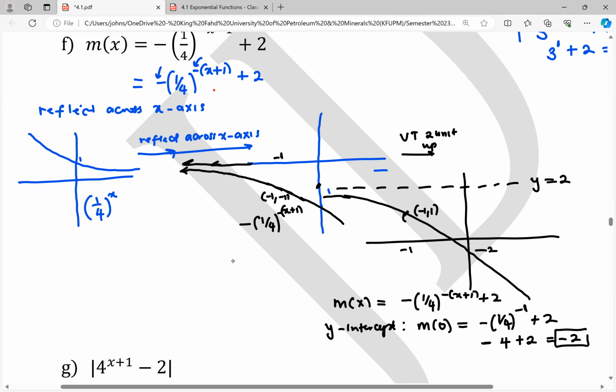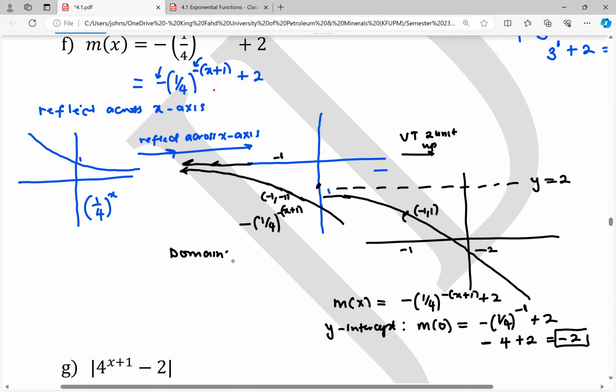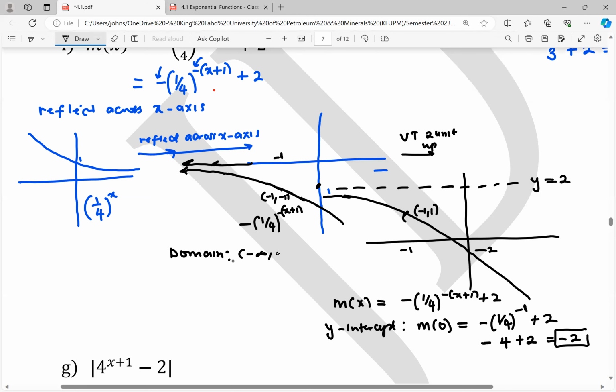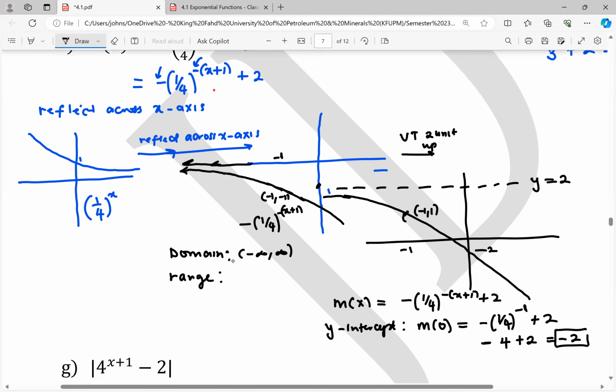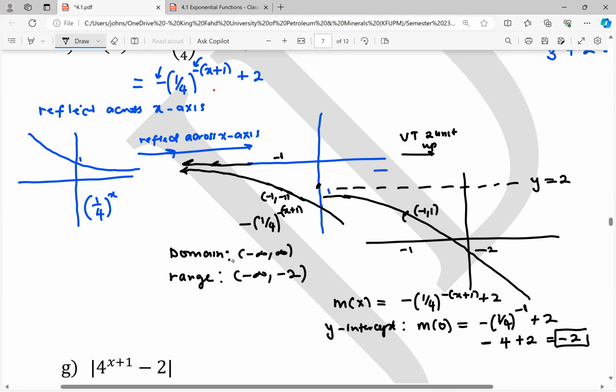So we can say that the domain still remains the same. And the range in this case is going to be from minus infinity to 2, open, because it's a horizontal asymptote, so it cannot touch. I hope we've seen that here.